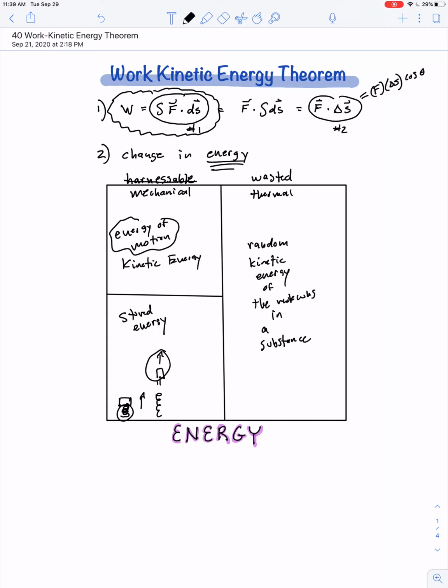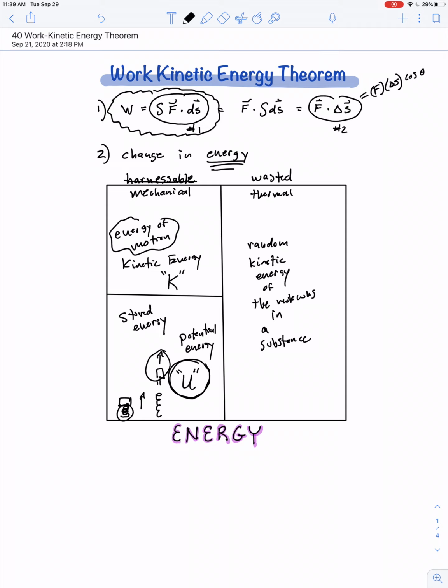Stored energy is often referred to as potential energy. The symbol we use for kinetic energy is just a capital K, and the symbol we use for potential energy is a capital U. Well, we're going to reserve our study of potential energy for the next unit of study, 3.2.